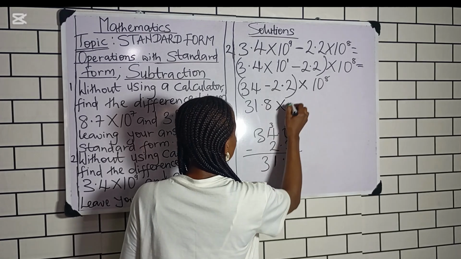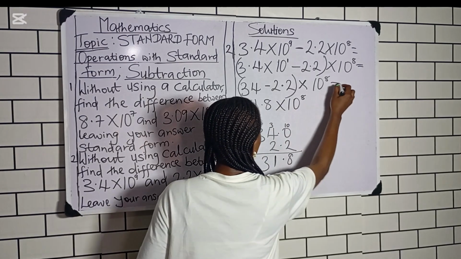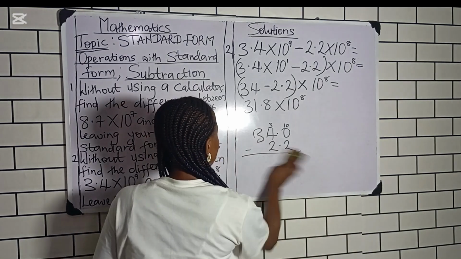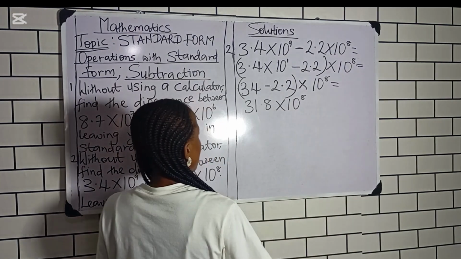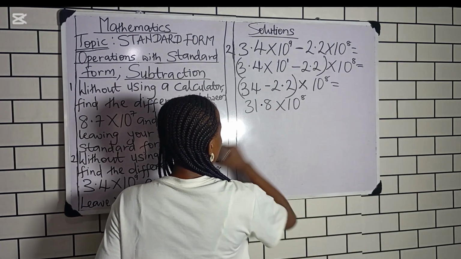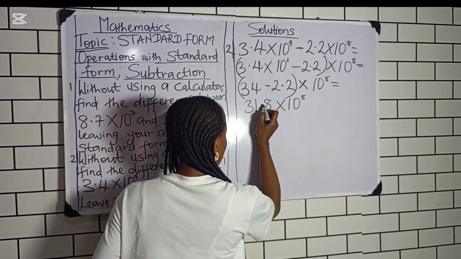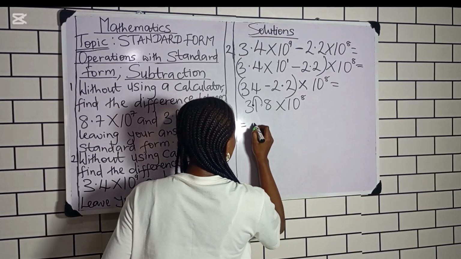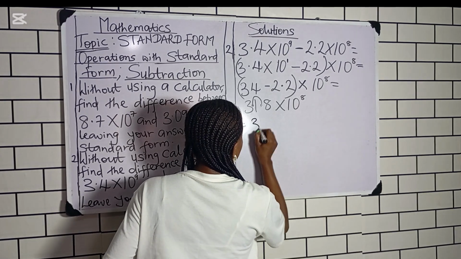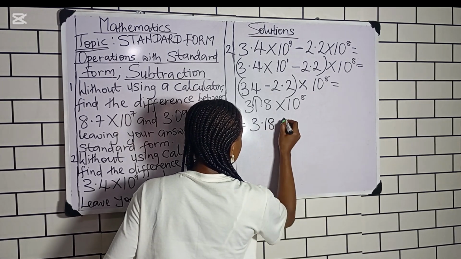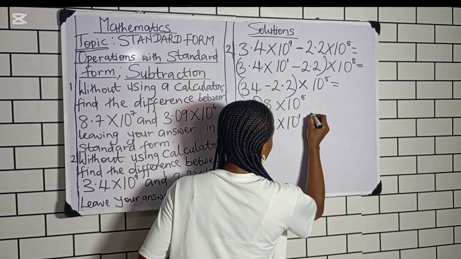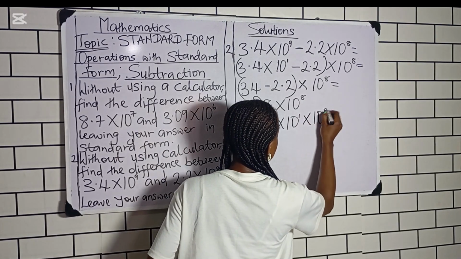Now we'll be left with 31.8 times 10 raised to power 8. Now reducing the 31.8 further, this is where our decimal point is. You bring the decimal point front, you count 1. This will give us 3.18 times 10 raised to power 1 times 10 raised to power 8.